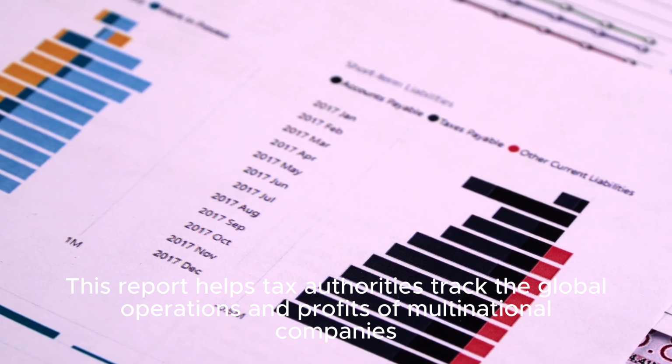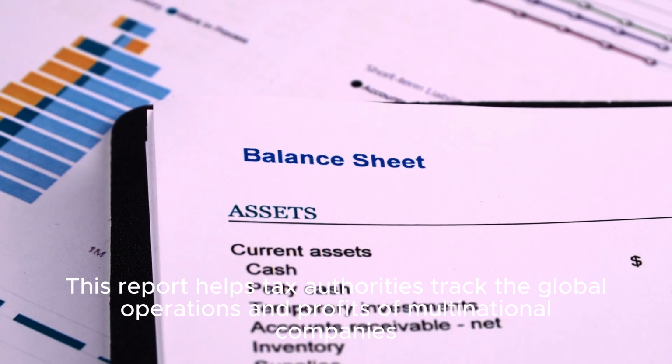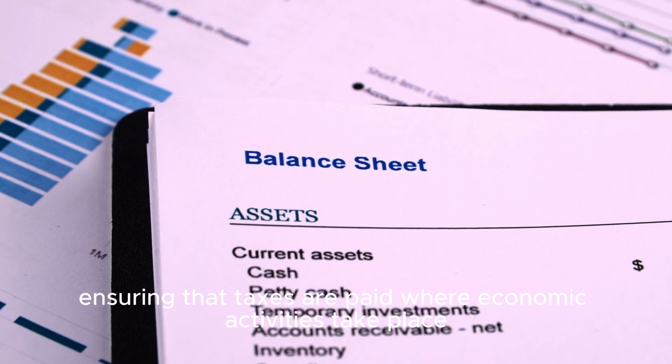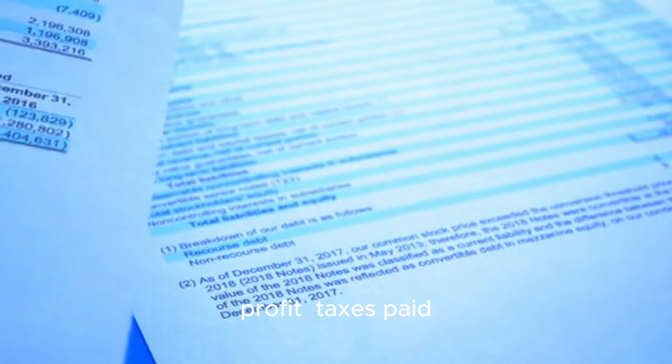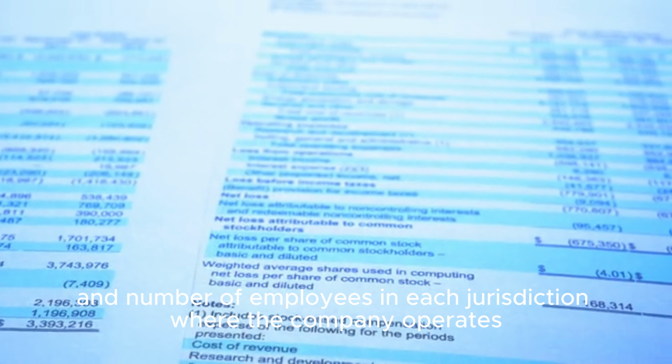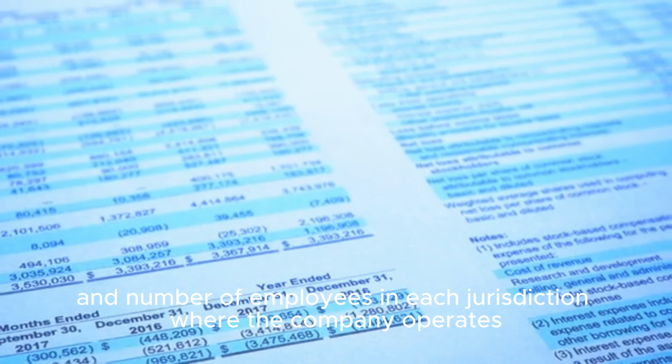This report helps tax authorities track the global operations and profits of multinational companies, ensuring that taxes are paid where economic activities take place. CBCR typically includes information on revenue, profit, taxes paid, and number of employees in each jurisdiction where the company operates.